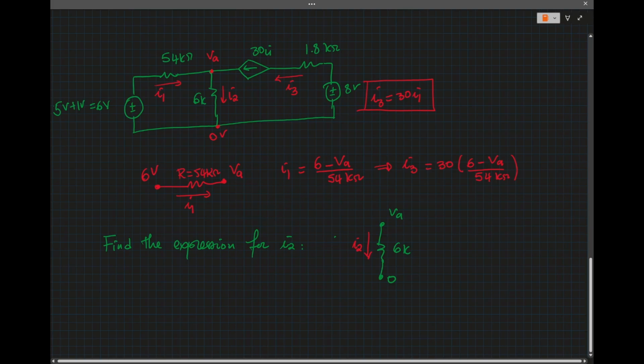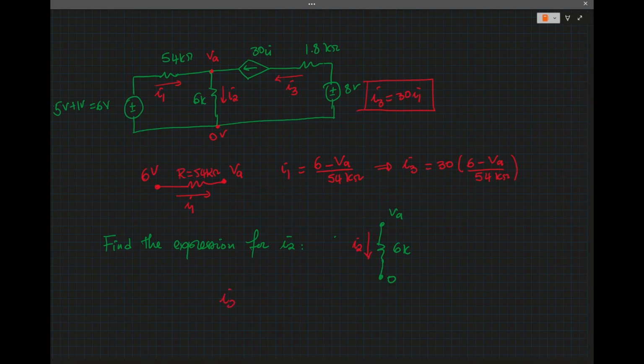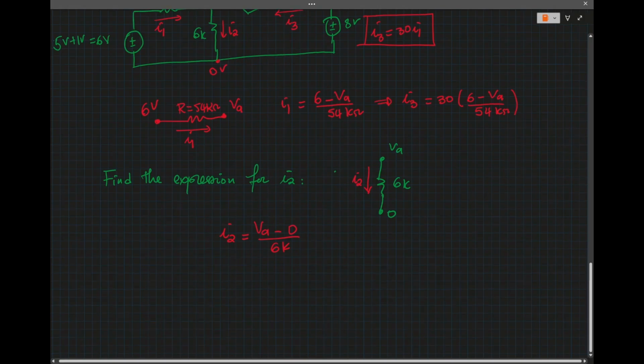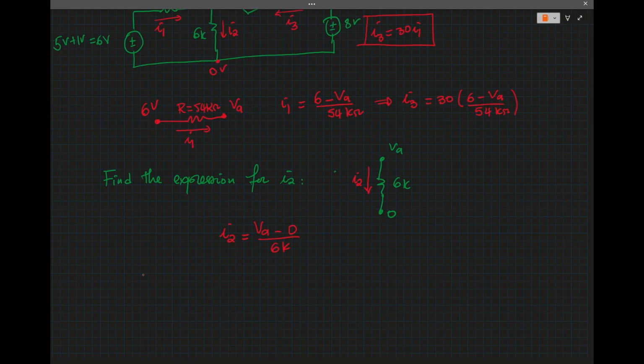Right, so I2 will be where the current originated from, VA minus 0 over 6K. So then we're going to substitute that in our KCL equation.